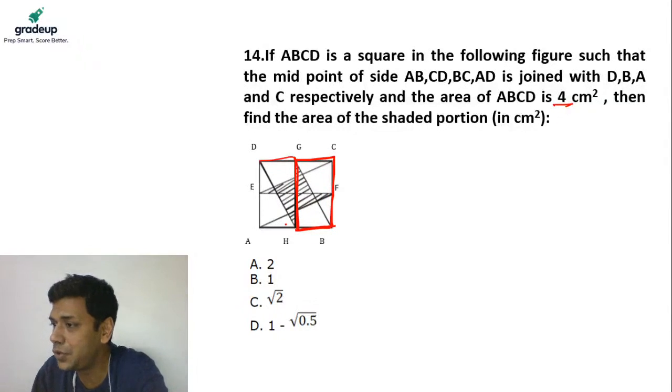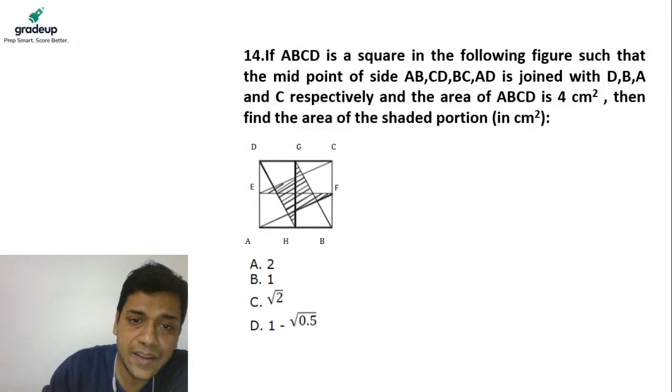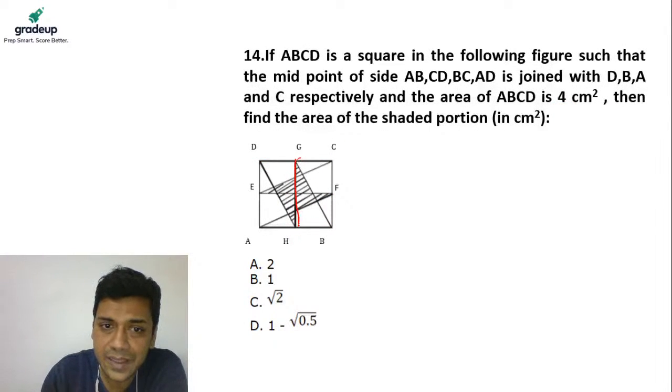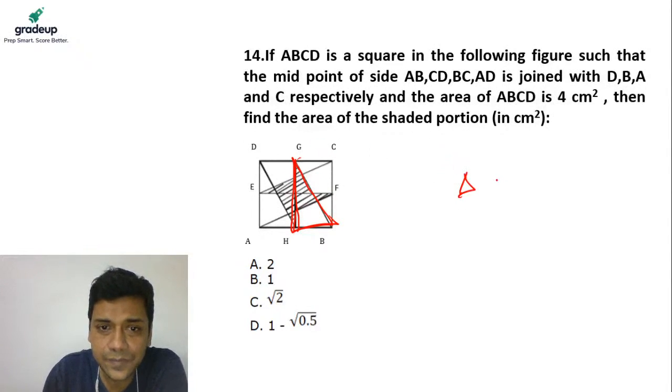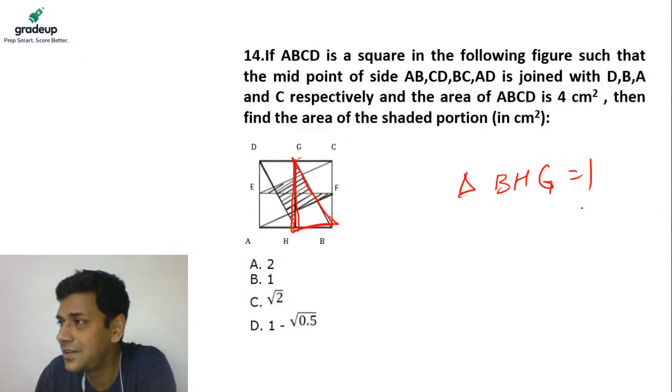This rectangle would be 2. And if this rectangle is 2, this triangle would be half of this rectangle. So triangle BHG will be 1.